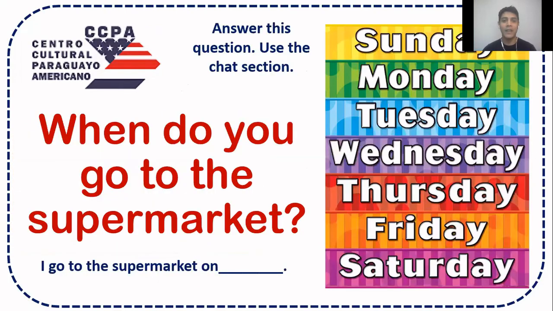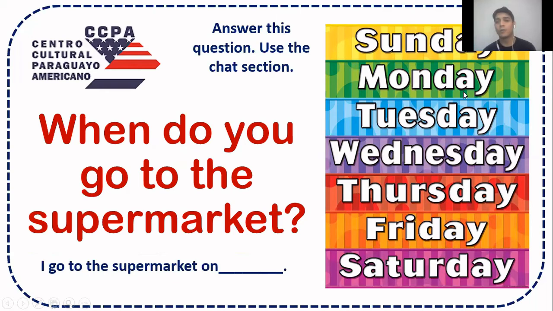Okay, so we have a question here. When do you go to the supermarket? If you ask me the question, I probably would say I go to the supermarket on Saturday afternoons. I go to the supermarket on Mondays.